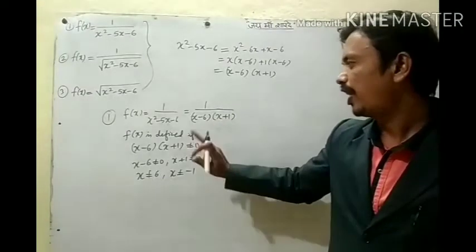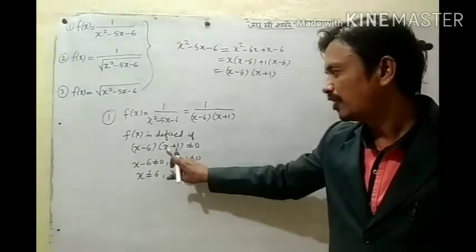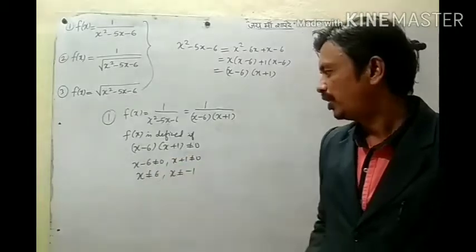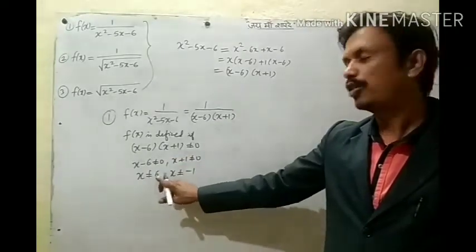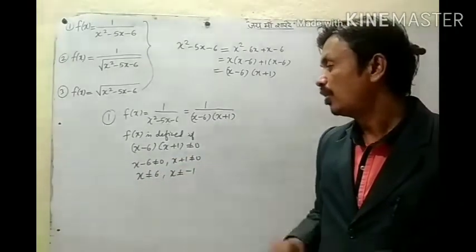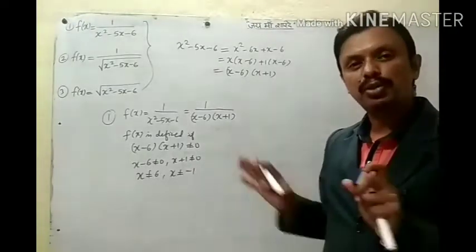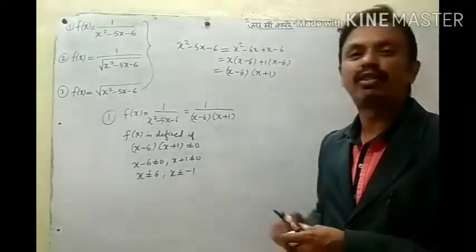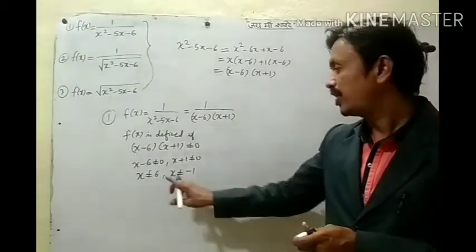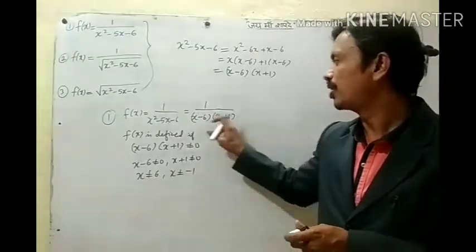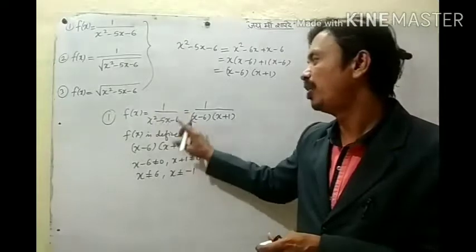It means we can take all the values, but 6 and minus 1 we cannot take. For 6 and minus 1, this denominator becomes 0 and then the function will not be defined.